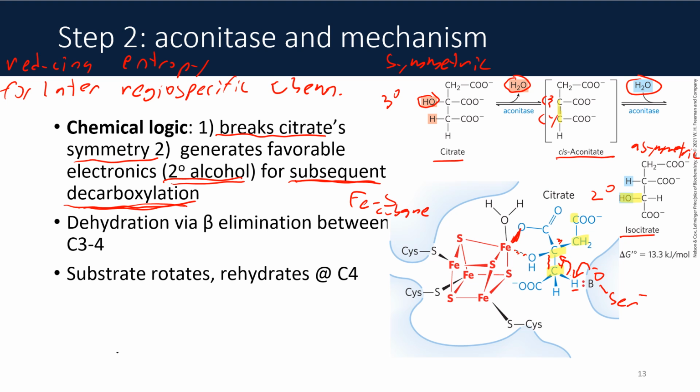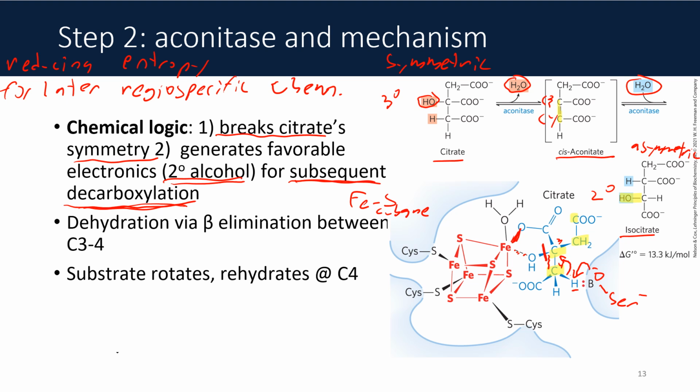And looking at the groups bonded to C3, only one of them is connected to an already polarized entity, and that's going to be this CO bond over here. That's the one that we are going to cut. The other options are carbon-carbon bonds, and those are going to be pretty stable and boring. So that hydroxyl group, the one attached to the cubane, is going to be our leaving group.